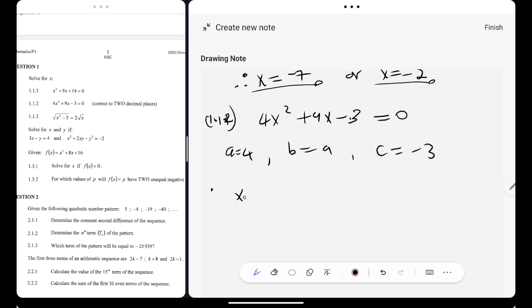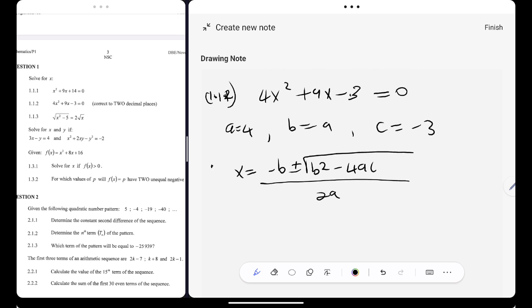And then therefore I'll just substitute into this equation: b squared minus 4ac all over 2a. B is 9 squared minus 4ac.